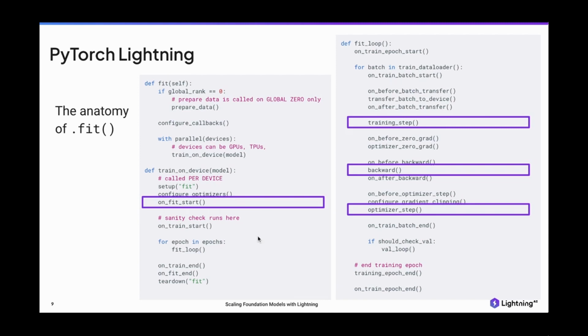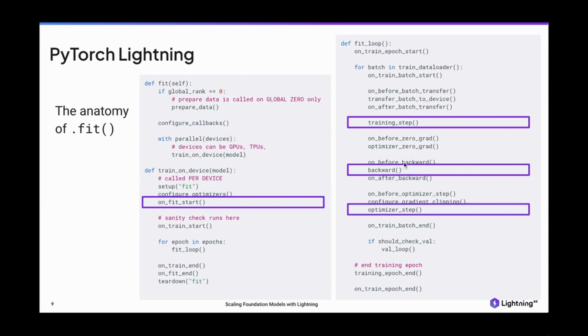We go into a fit loop. There's some device configuration before that. And then in the fit loop, there are some life cycle moments again. And then for each batch from the data loader, there's data transferring to the device. Then the training step is executed. And this is what the user basically implemented in the Lightning module.